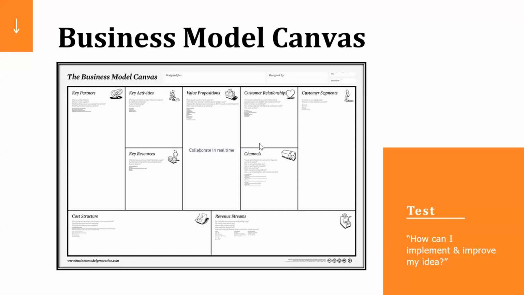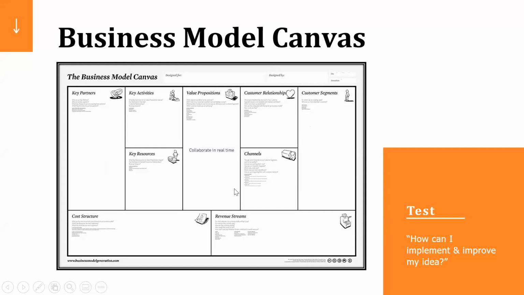Okay, so there are some differences here. In the prototyping part, we did not talk about cost structure, revenue streams, key partners, key resources, also channels.